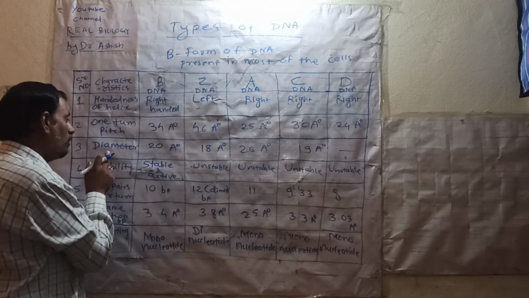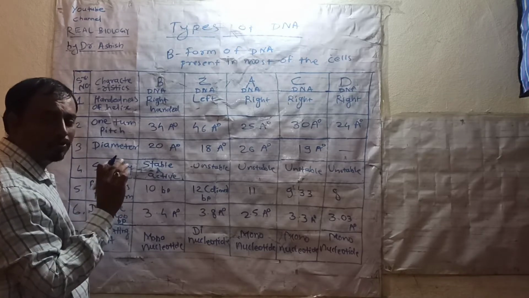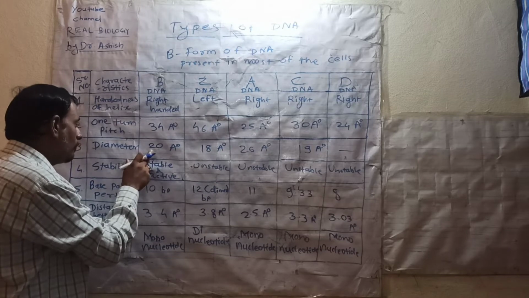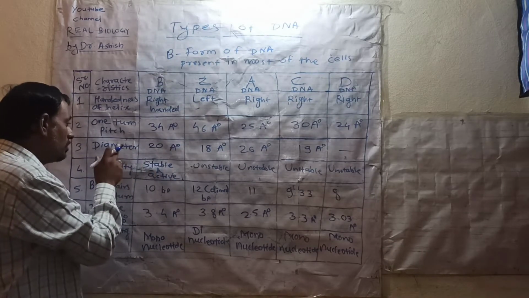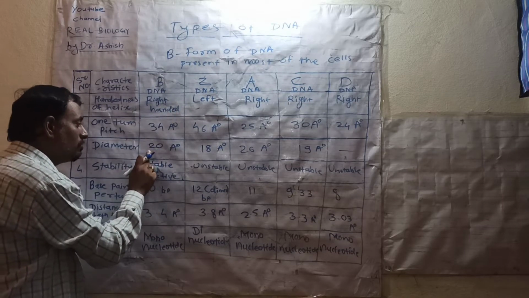Then if we want to study the diameter, there is still a difference in diameters. Which one has less diameter and which one has high diameter, we will see. The diameter of the normally present B form of DNA in every kind of cell is 20 angstrom.